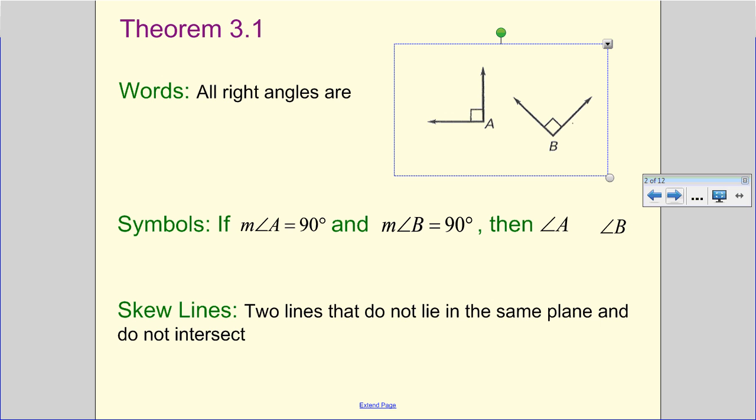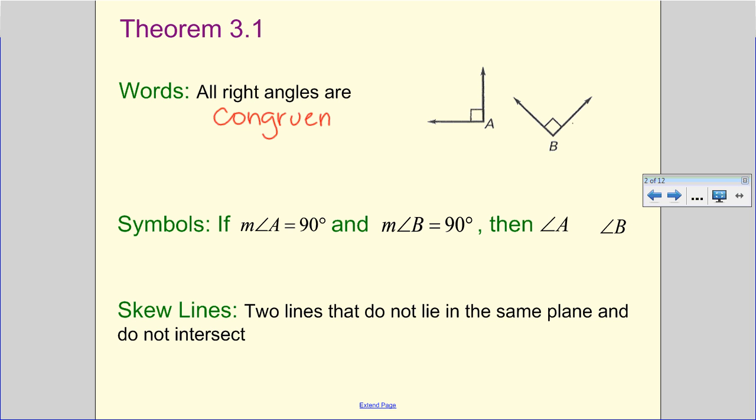All right, theorem 3.1. All right angles are congruent. You might look at that and go, duh, Miss Woodard, I know that, but that can be one of our theorems.